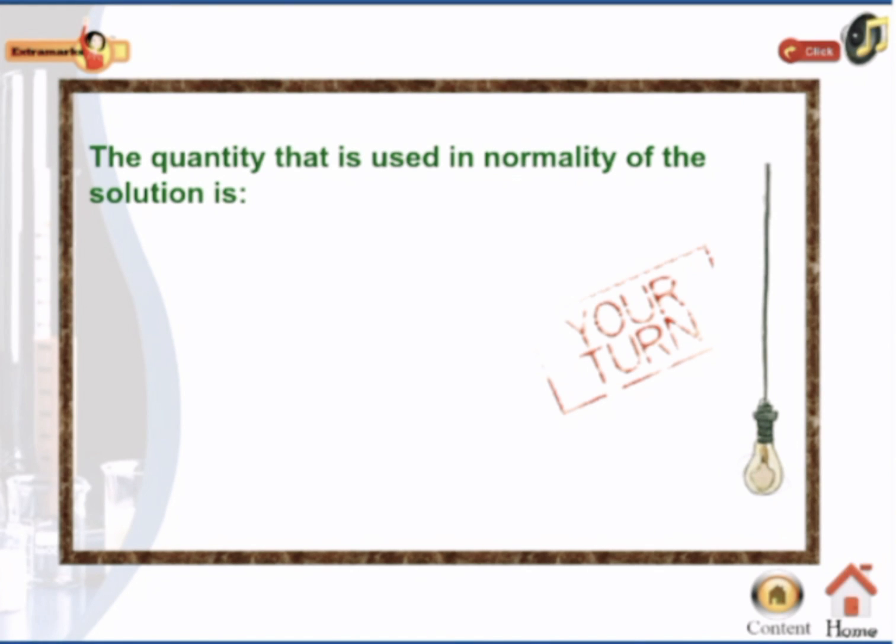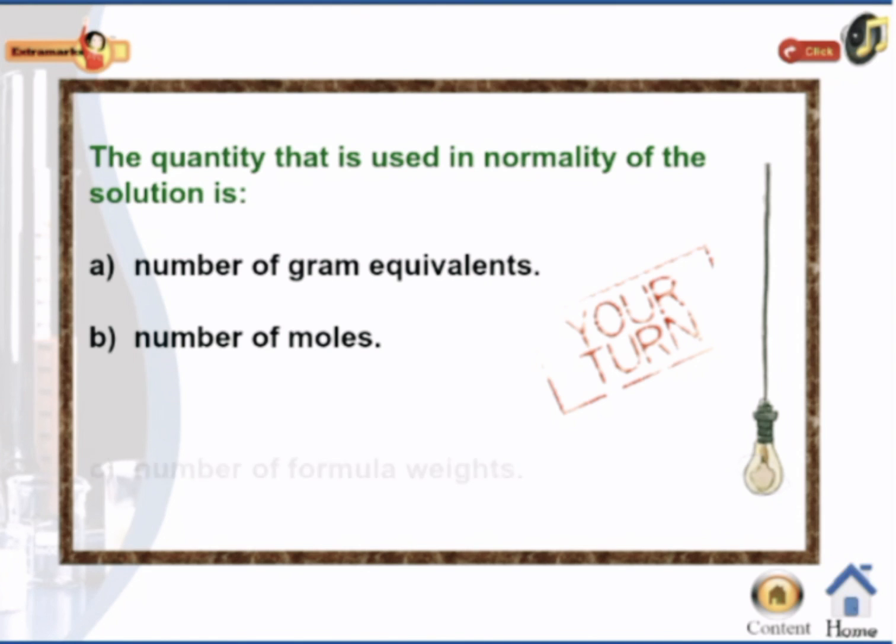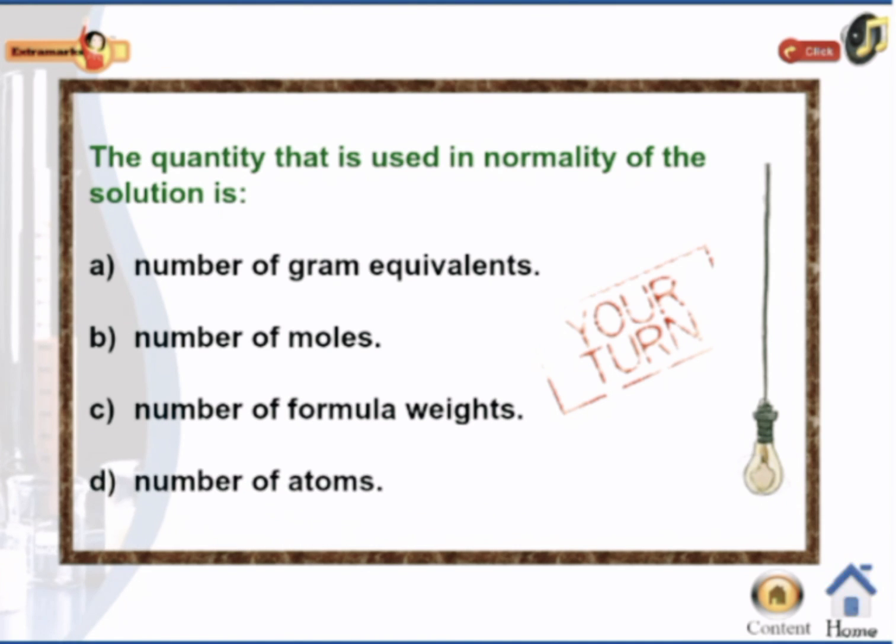Identify the quantity that is used in normality of the solution. The options are A. Number of gram equivalents, B. Number of moles, C. Number of formula weights, D. Number of atoms.